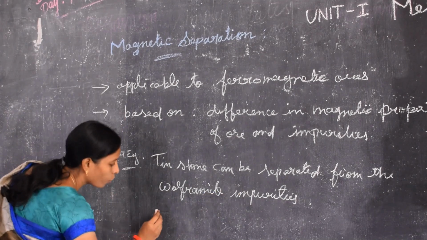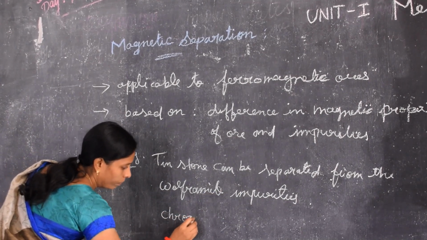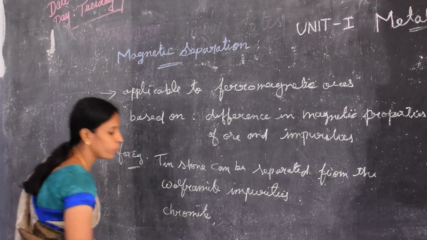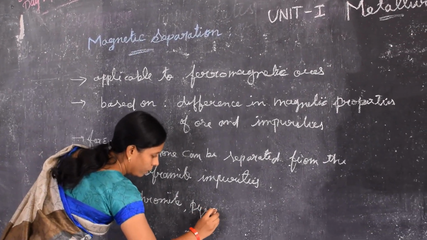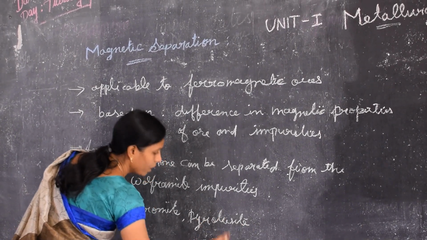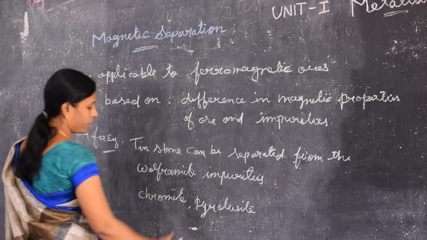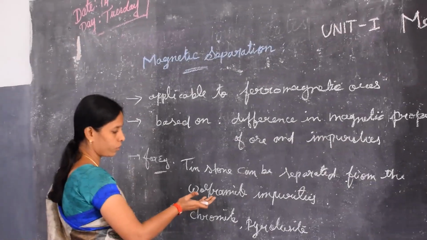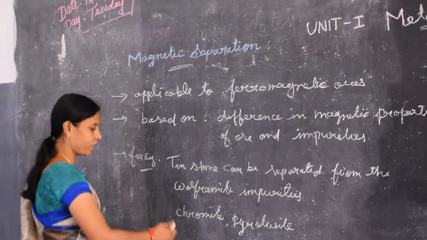Similarly, chromite and pyrolusite ores. These are the magnetic properties. Wolframite also has magnetic properties.